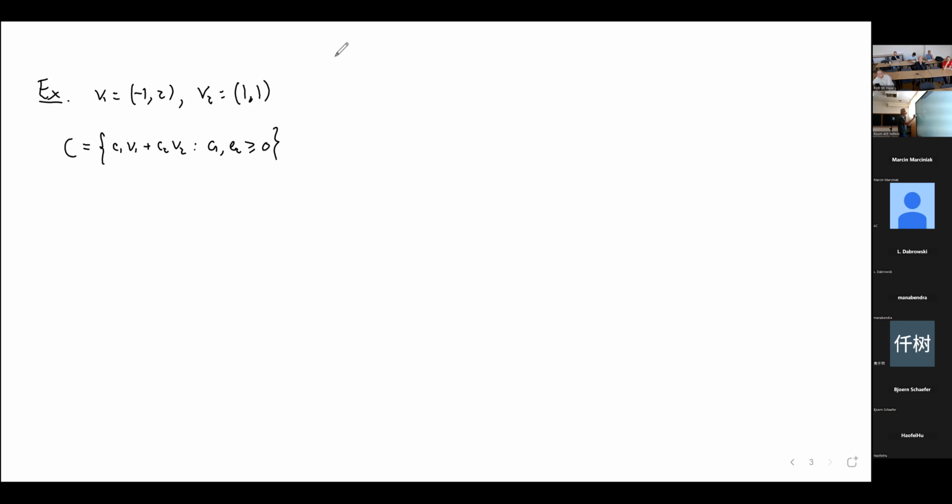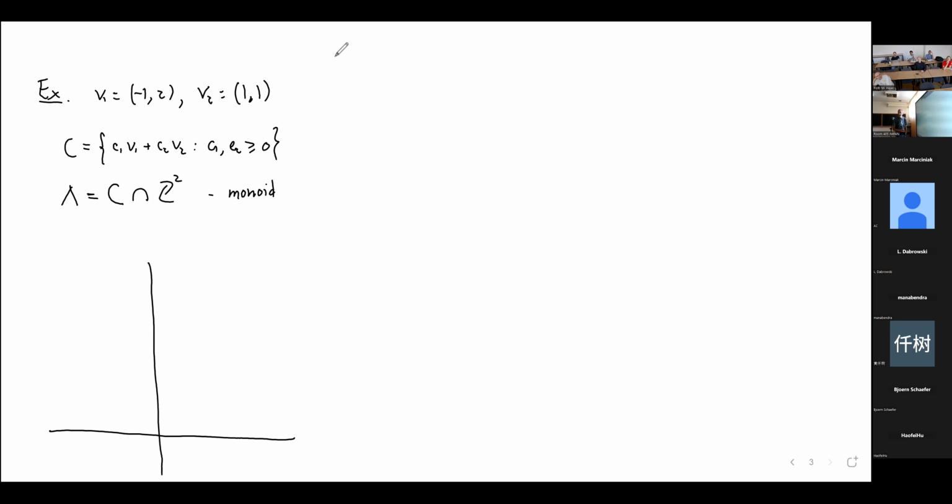And then I'm going to define my monoid lambda to be the intersection of that cone with the integer lattice. That's my monoid. So it's an abelian monoid this time. So I want to try to draw the picture. Let's see what happens. I'm not going to draw the whole thing.